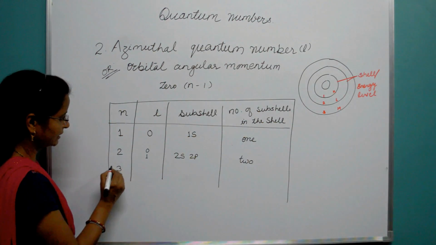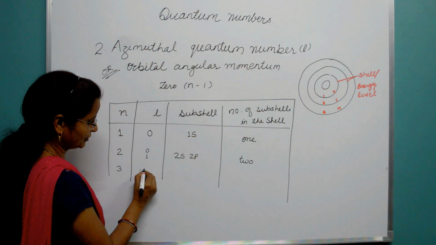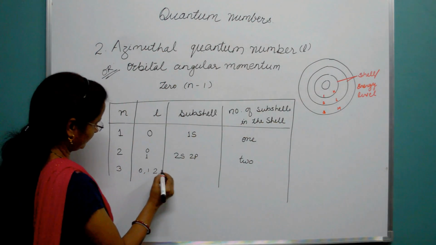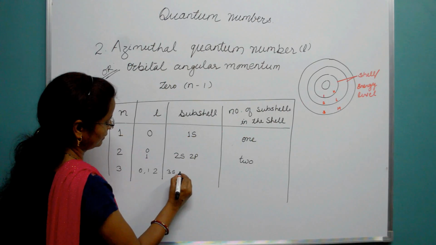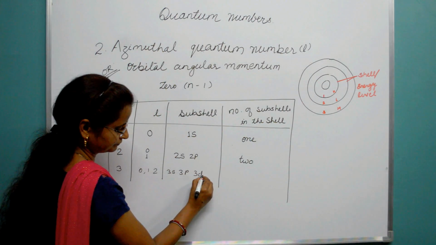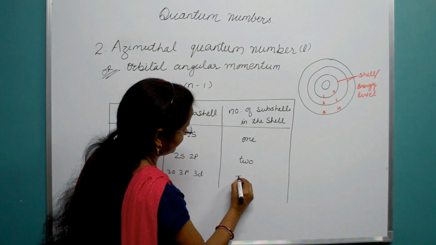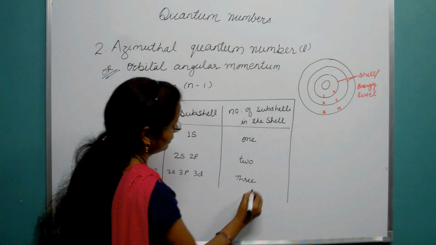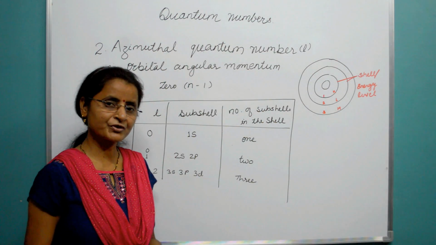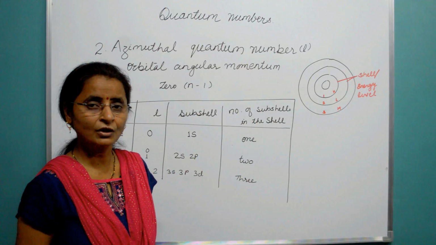Like that, for n equal to 3, L is 0, 1, 2, so 3s, 3p and 3d. How many subshells are present? 3. In this way we can know how many subshells are present using the azimuthal quantum number.